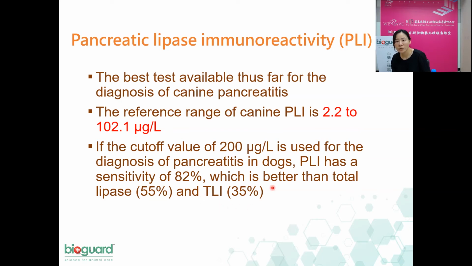So according to the data, we have a much more powerful tool to diagnose pancreatitis.